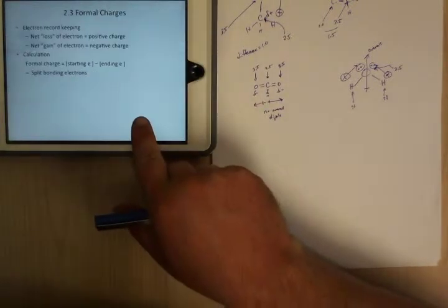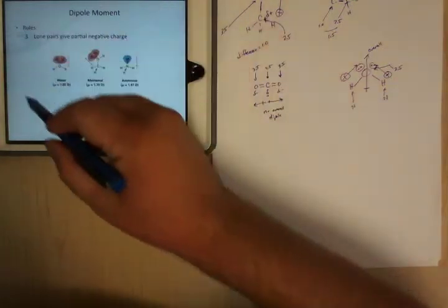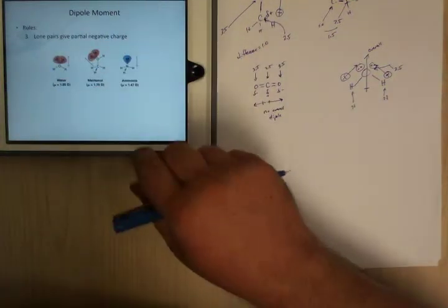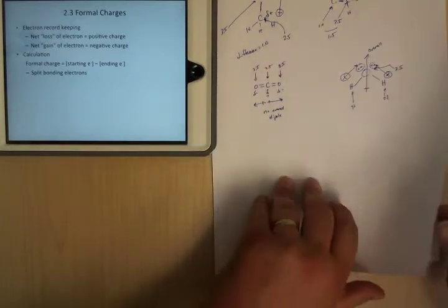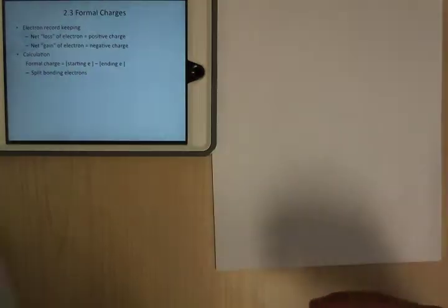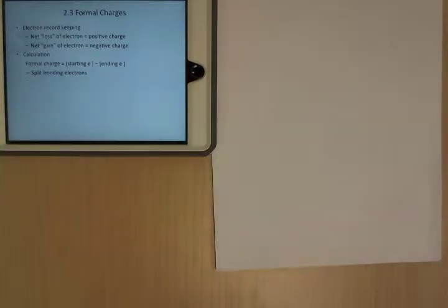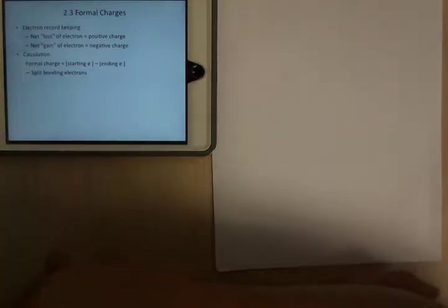So just be aware of the dipole moment. Okay, formal charges. This is actually a record-keeping issue. It's saying, what is the net loss or net gain of electrons once we assemble molecules.